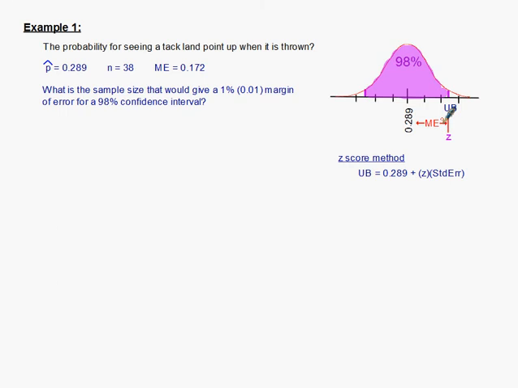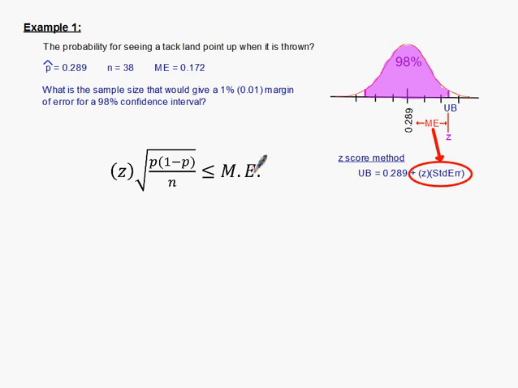Notice that this margin of error is exactly the same as this term, z times standard error. Well, we're going to use that as an equation, which will look something like this. Our margin of error, or our z times standard error, has to be less than or equal to the margin of error that we are looking for.